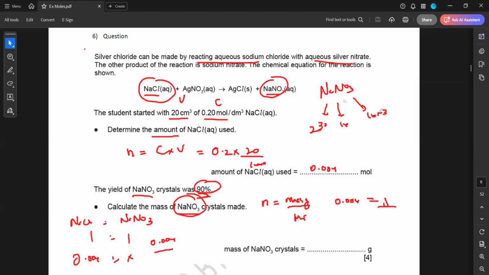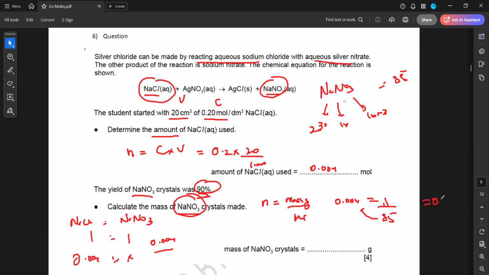So 48. So it's 48 plus 14 plus 23, that sum will be 85. So the total mass of sodium nitrate will be 85. So this is 85. 85 is divided, other side multiplied. So 0.004 multiplied by 85 gives 0.34.